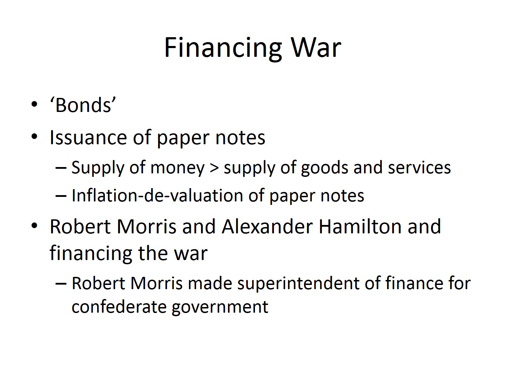And so principally Robert Morris and his ilk are lending the Continental Congress money to finance the war. Now, the intention is that after the war is over, this money will be paid back.